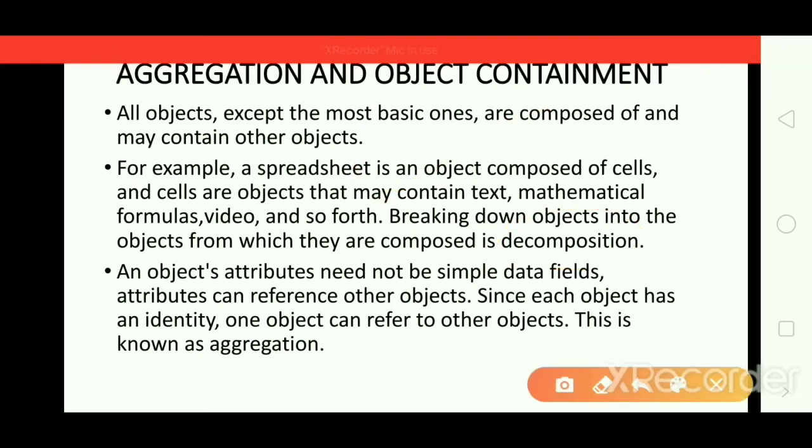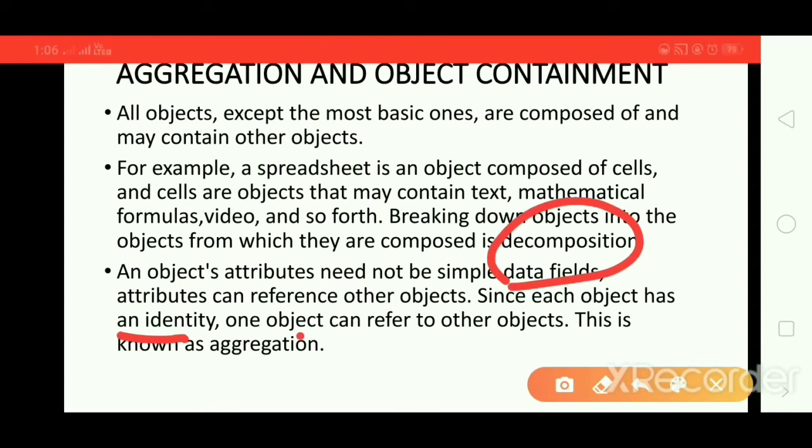An object's attributes need not be simple data fields. Attributes can reference other objects. Since each object has an identity, object attributes are not only data fields, they can reference other objects, because each and every object has its own identity.